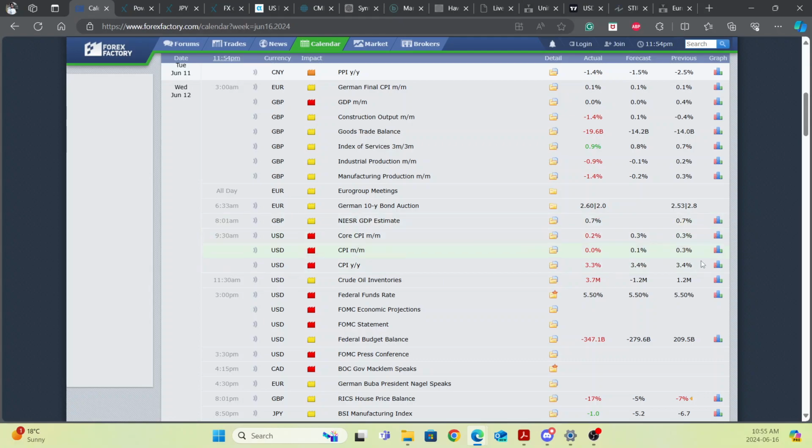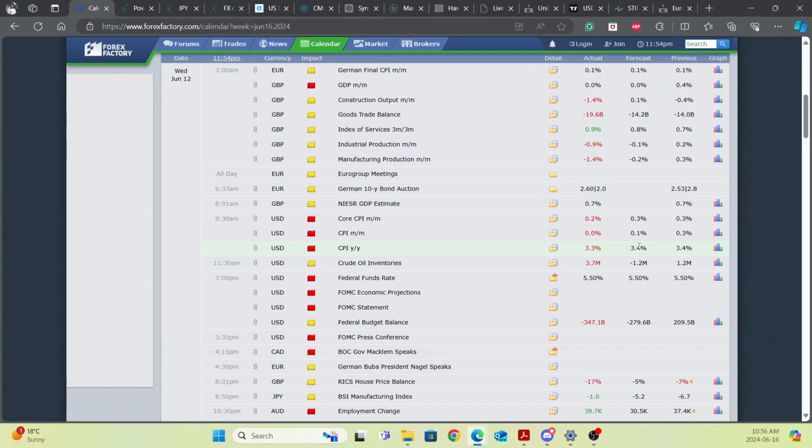The prior report was 3.4%, as shown on this Forex Factory chart, and the market was expecting the same 3.4%, but we had 3.3%. So across the whole data, we saw a really nice downward beat toward the expectations, showing really good signs of cooling from the inflation point of view.